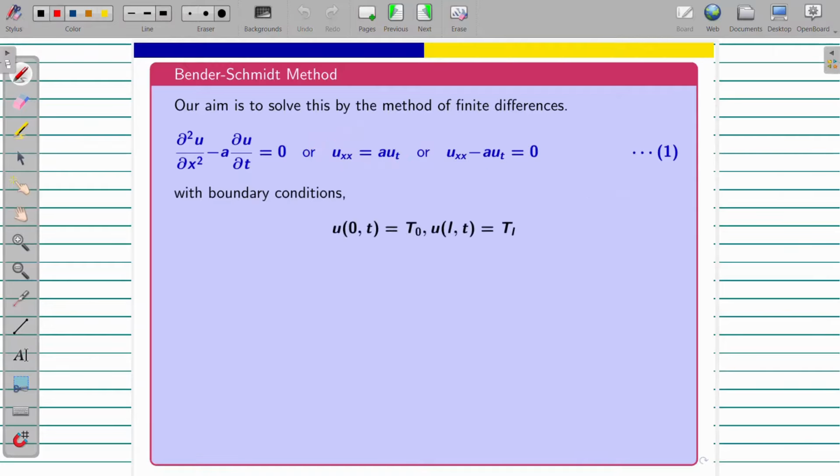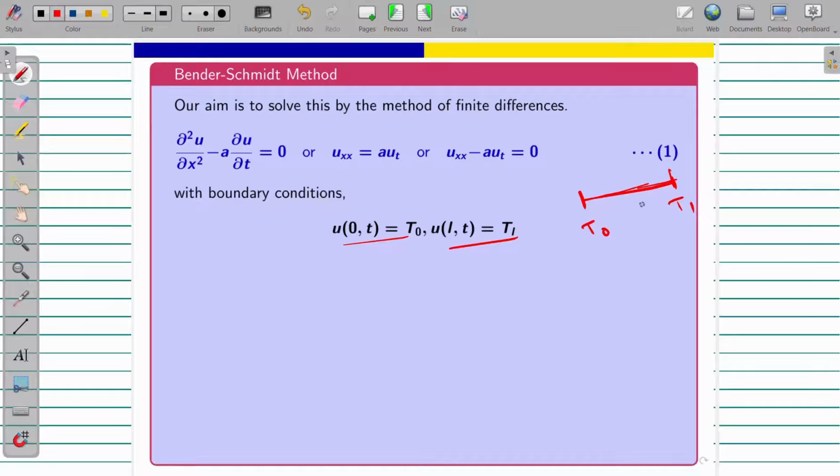Right. With boundary conditions, u of 0 comma t equivalent to one temperature, because it's a one-dimensional heat equation. Do you remember? We solved it in the previous semester. A rod of length L kept at temperature T1, here T0, here it is T1, until we get the steady state condition.